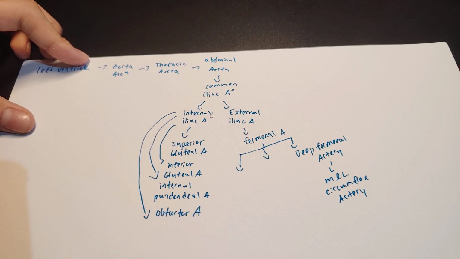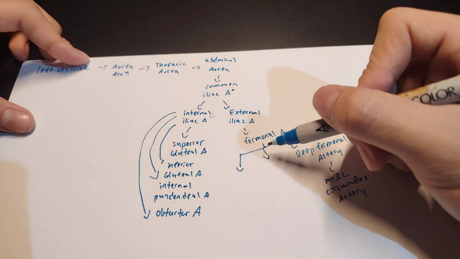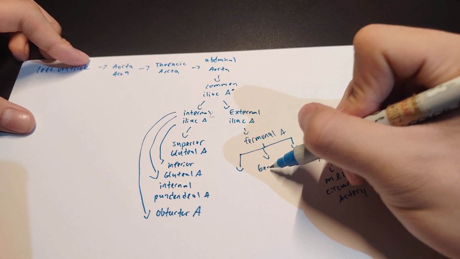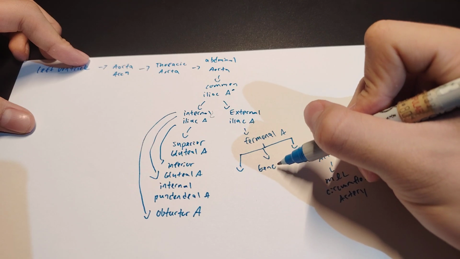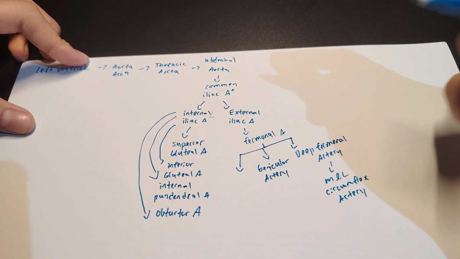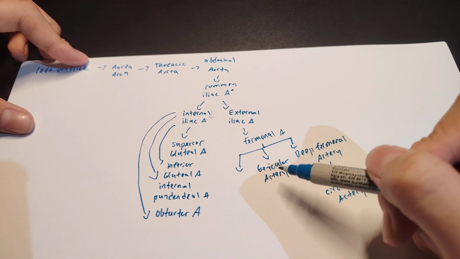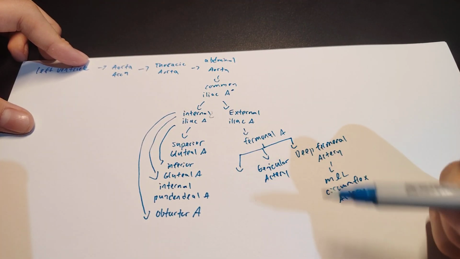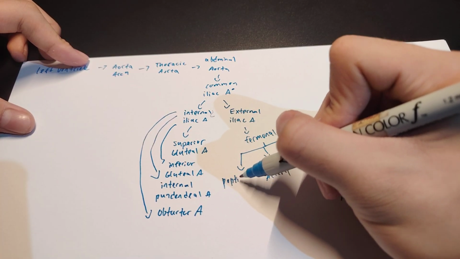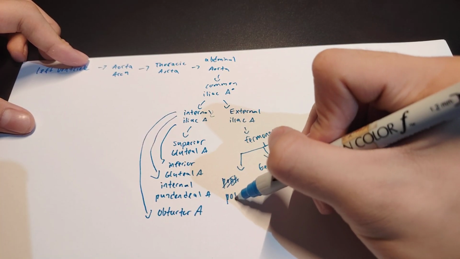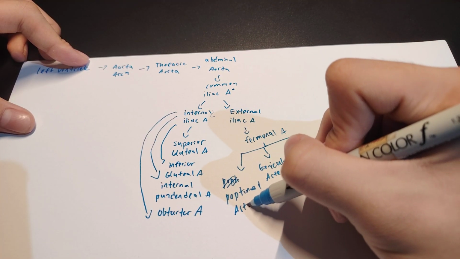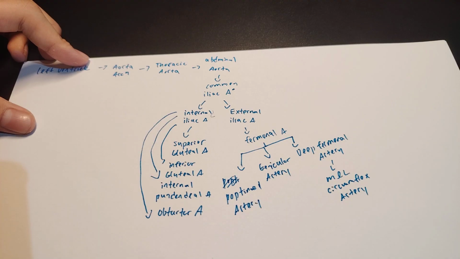artery. Okay. Another branch coming off the femoral artery will be the genicular arteries. These are the ones that are going to be giving blood supply to the knee itself. And then the last one, we have the popliteal artery.